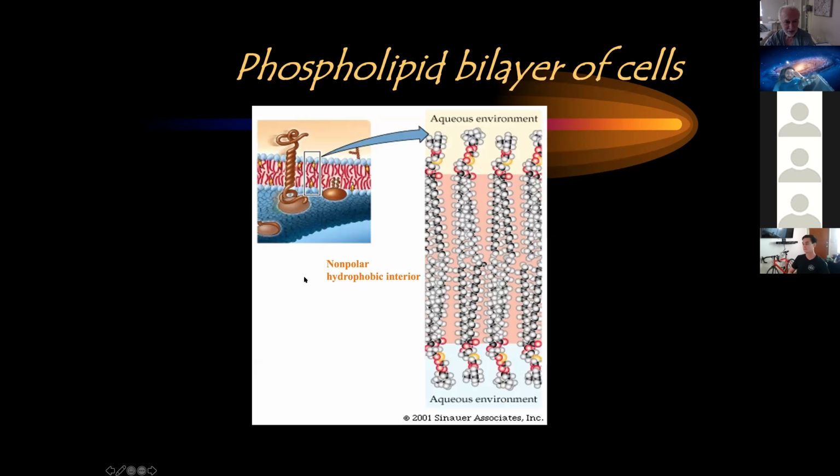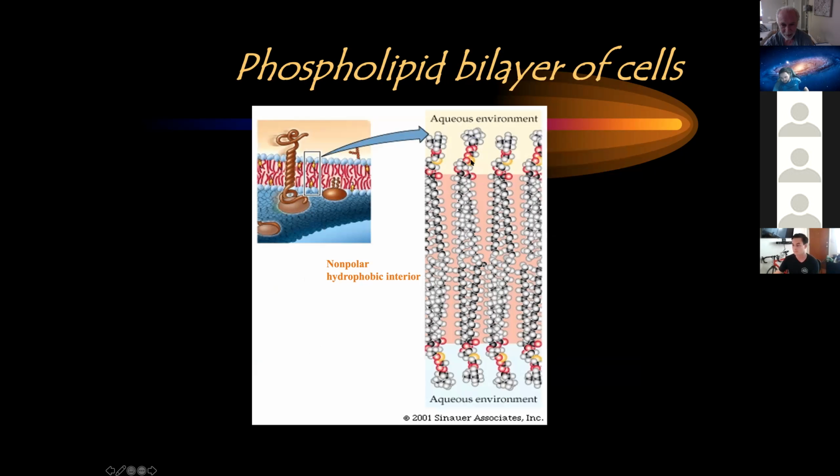Now here you can see, on the left, a picture of a membrane. If you look at its environment, membranes are in aqueous environments. There's water on either side of the membrane, but within the membrane itself, it's completely dry, completely hydrophobic. So the two tails come together and make this hydrophobic environment.